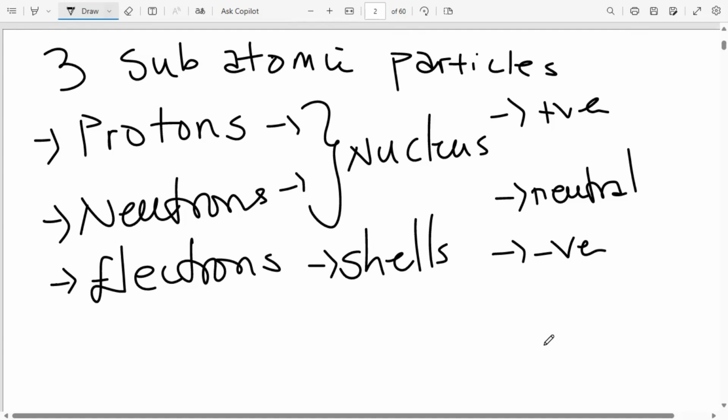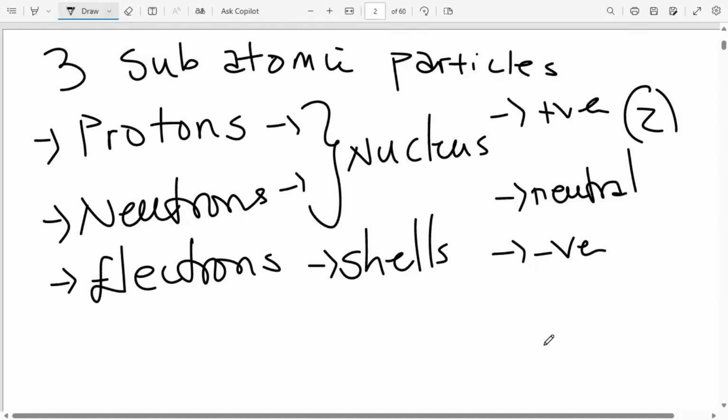And we continue to say protons are the ones that act as the number plate of an atom, because the number of protons directly relates to the atomic number of that atom. So the atomic number, let me write it down here. The atomic number is related to protons, and it is represented by the letter Z, which gives us the number of protons in the nucleus of an atom.